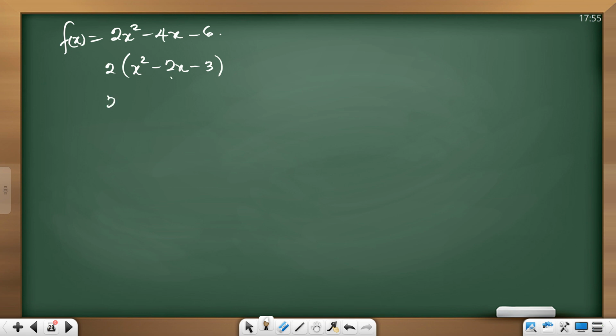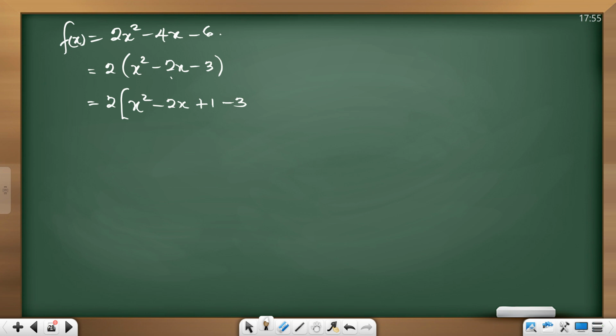Check my altering the equation. x squared. Let us divide the coefficient of x by 2. What do you get? Negative 1. Square it. Positive 1. Does that make sense? Now, do you notice my equation is now different?